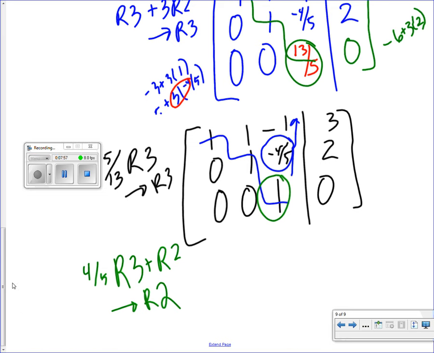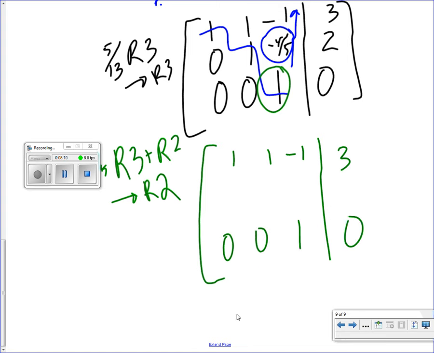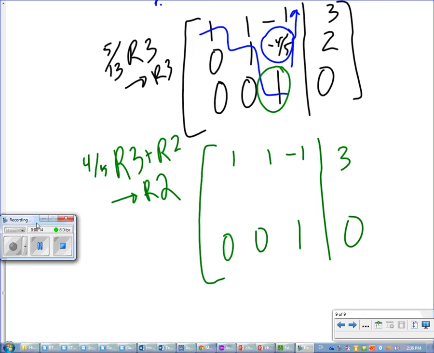Okay, so row 1 is not changing. It's still 1, 1, negative 1, 3. Row 3 won't change. But row 2 will. We're going to take 4/5 of row 3. So 4/5 of 0 plus 0, still 0.